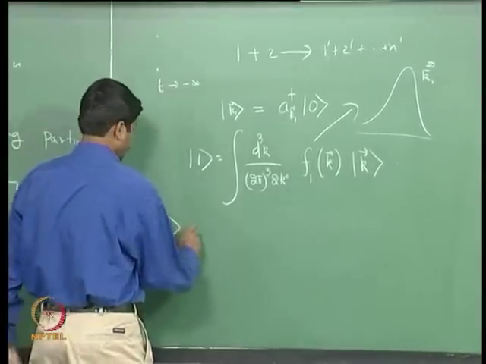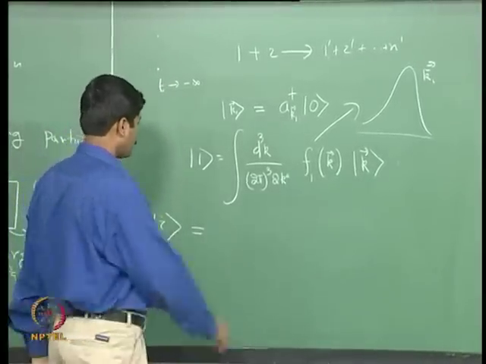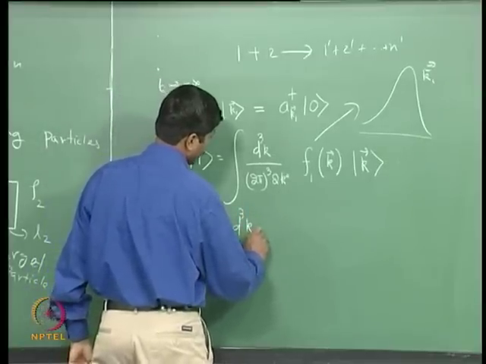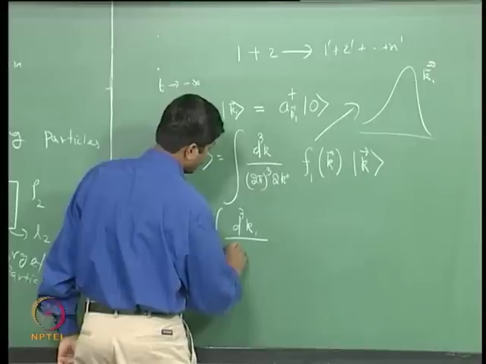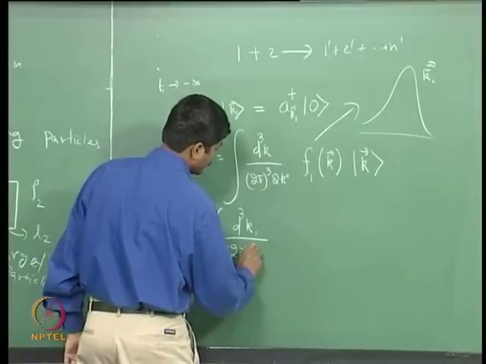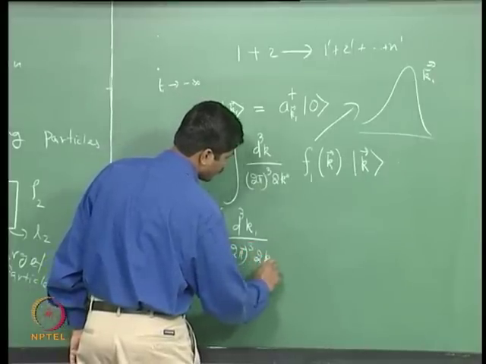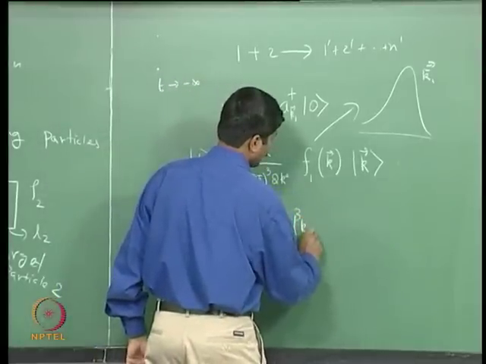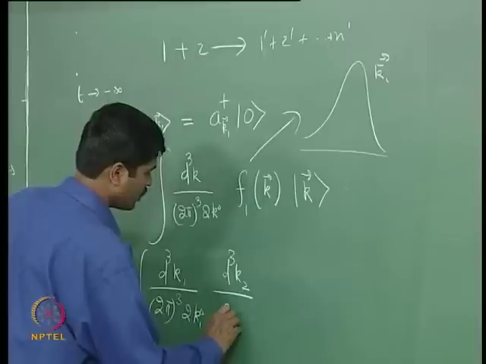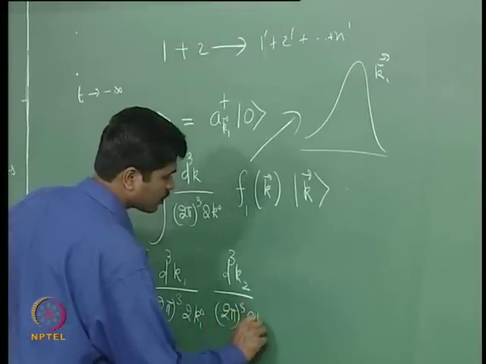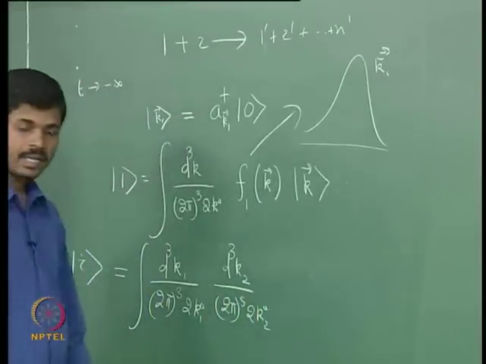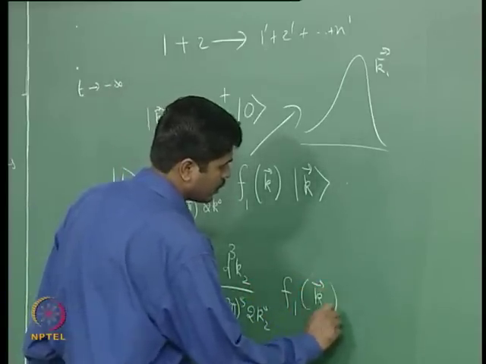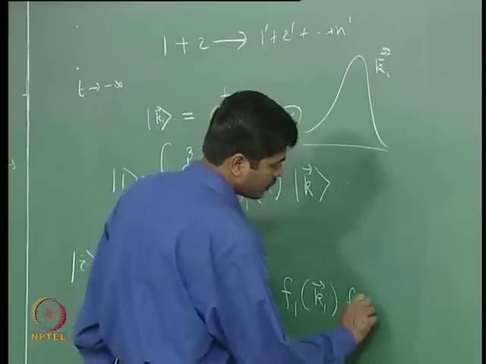So, the initial state is basically the integral of d^3k1 divided by (2 pi)^3 2k10, d^3k2 divided by (2 pi)^3 2k20, and then f1 of k1, some distribution f2 of k2.